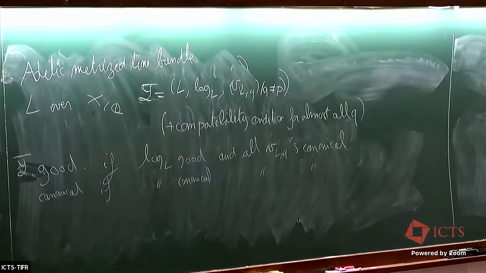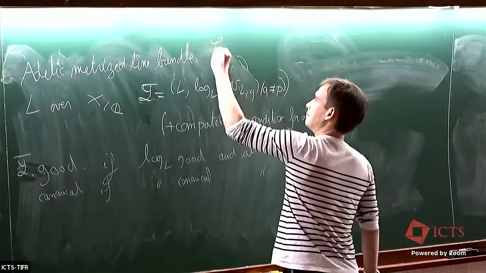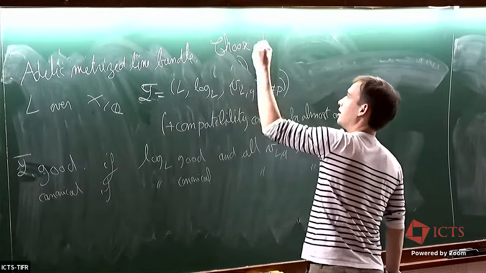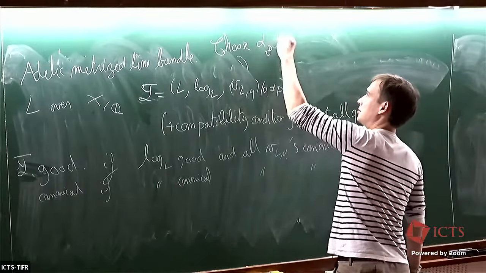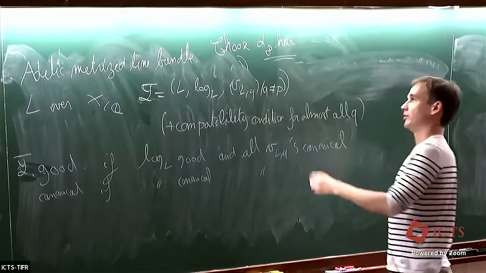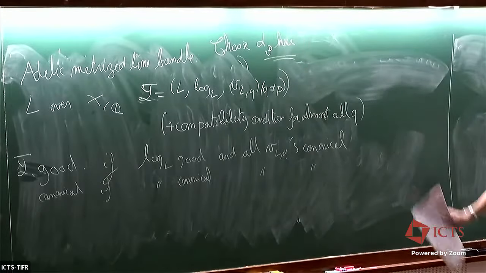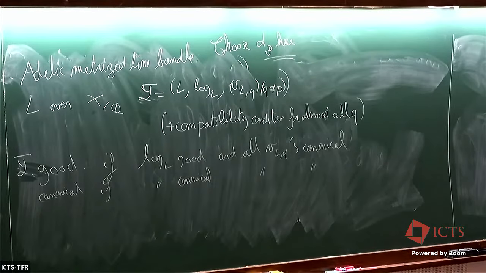Oh yeah, of course canonical here. So maybe I have to choose alpha. Alpha_p here. Okay, I choose a curvature form alpha_p, and then this will be called the canonical log function afterwards.